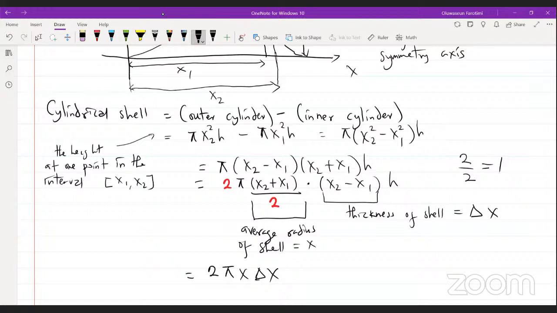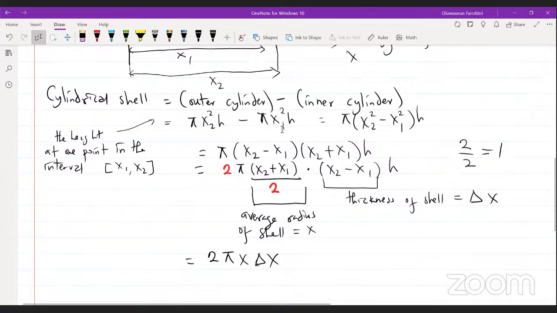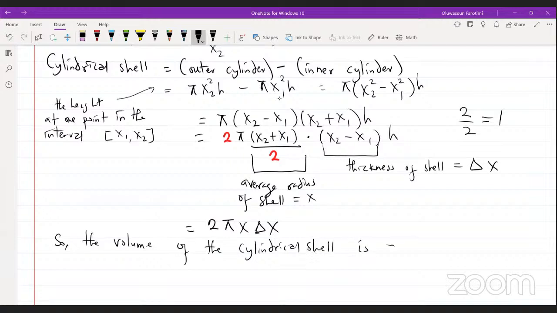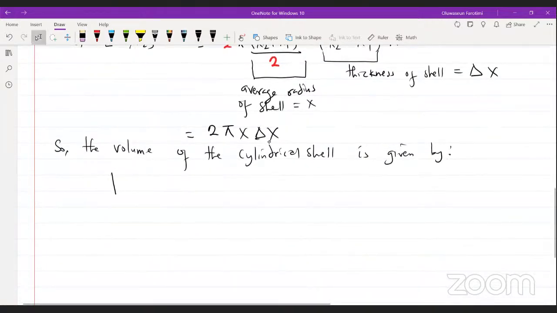All right. So now to put things together in perspective, the volume of the cylindrical shell is given by, we have a formula ready. V equals 2 pi r h delta r.